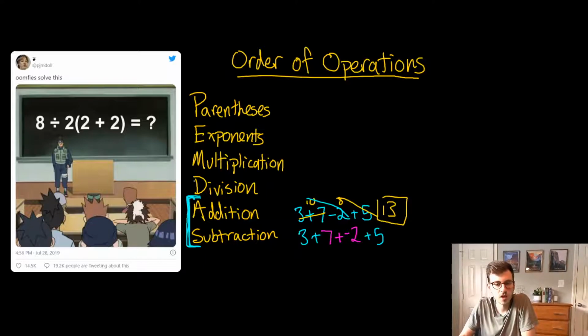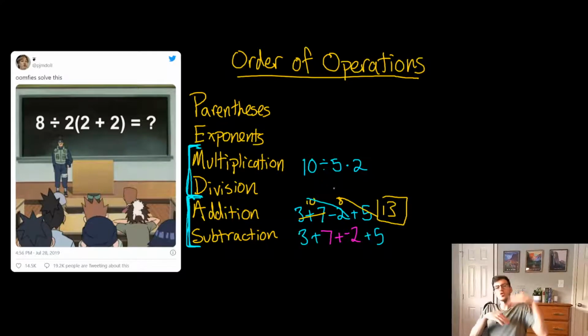Let's talk about multiplication and division. Again, just like with addition and subtraction, I want you to think of these as two sides of the same coin. What do I mean by that? Well, let's take something like 10 divided by 5 times 2.